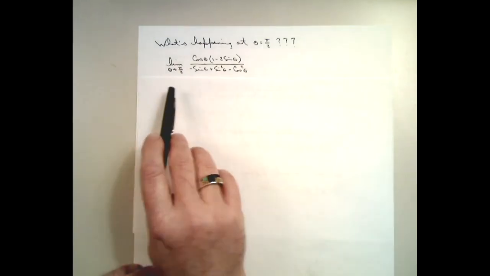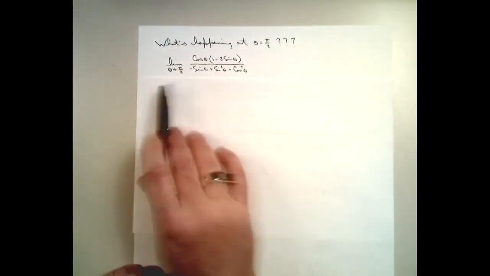And he says that if we take the derivative of both the numerator and the denominator and look at the limit as theta goes to pi over 2, we're going to get exactly the same value. And let's see. So I've done that. I've taken the derivative of the numerator, derivative of the denominator, and I'm not even going to simplify this.